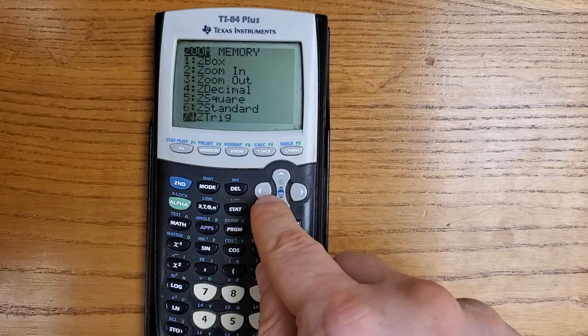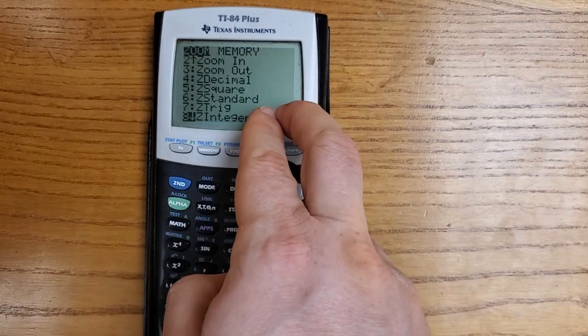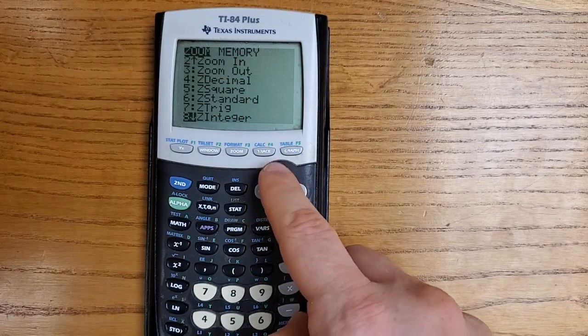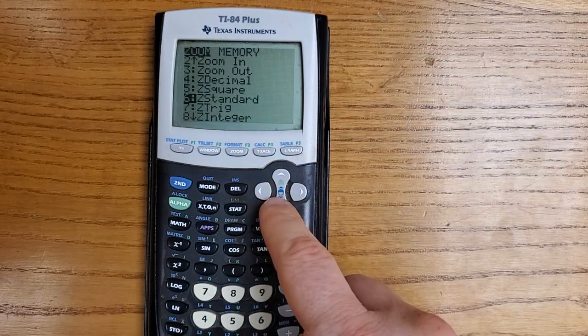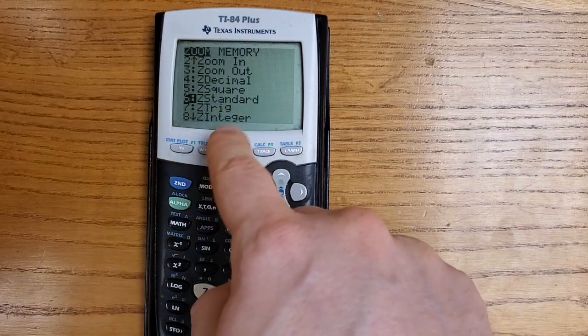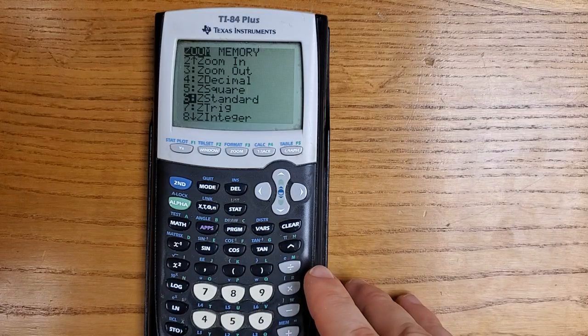Down here is the integer, which makes it so that each pixel width is just 1.0. And then you can do different things with it. Other than the zoom in, you probably don't have to fool around with that too much if you don't want to. It can come in useful at times.